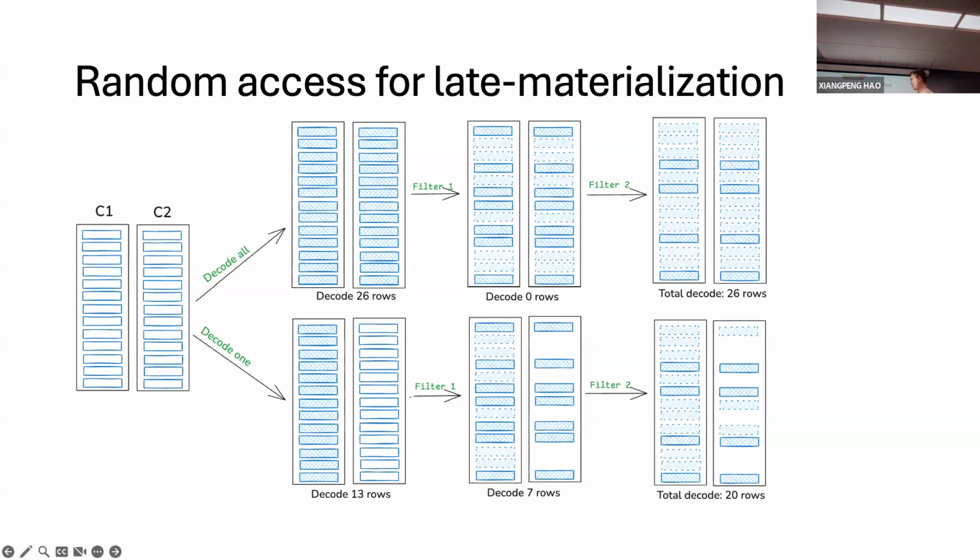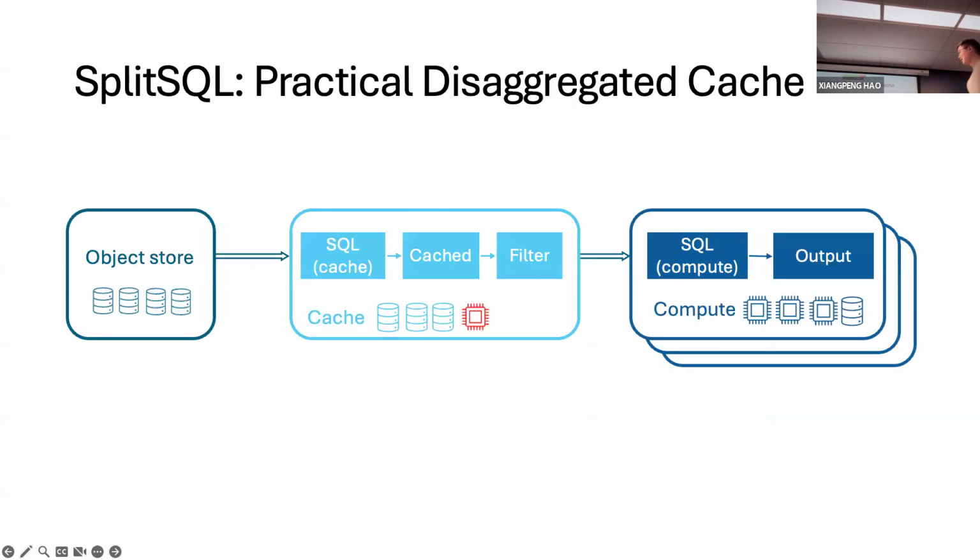That is not super beneficial for Parquet, but it is very straightforward for us, because we only have to decode the elements we want. So decode only the necessary data.